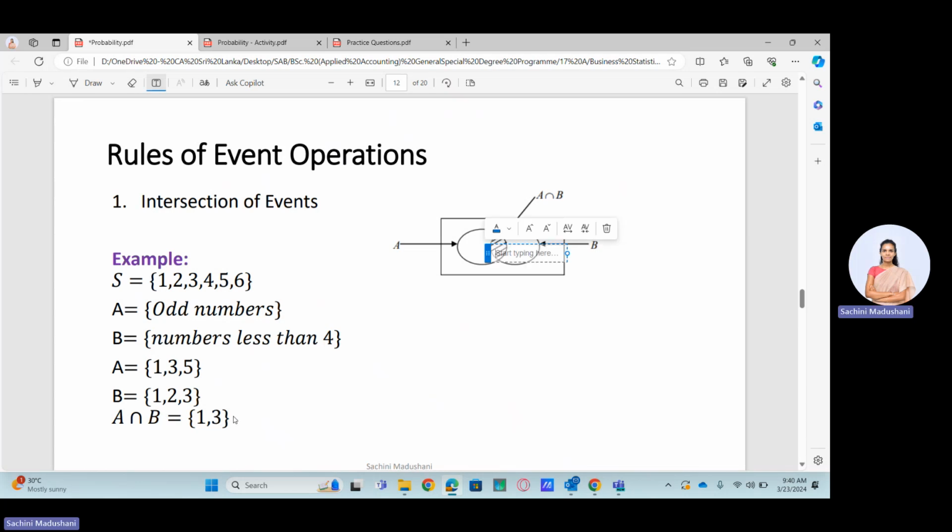What are the complement elements? 2, 4, 5, 6. These are not included in the intersection, but they are included in the sample space.